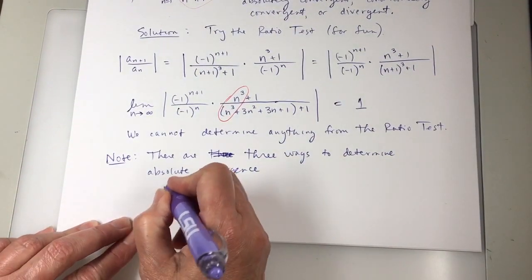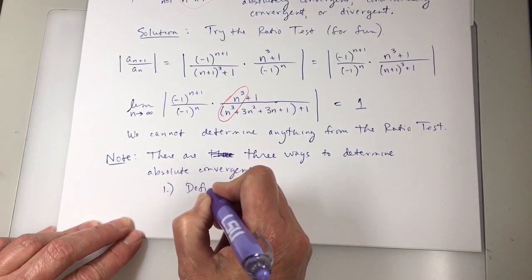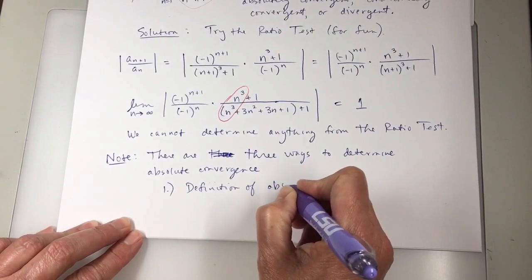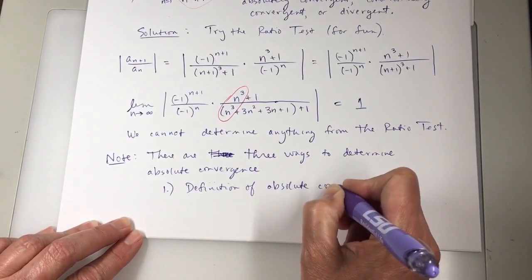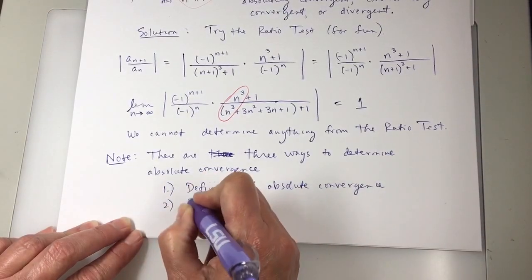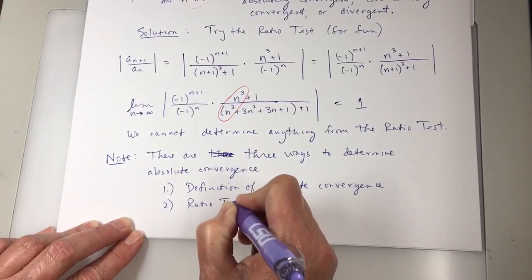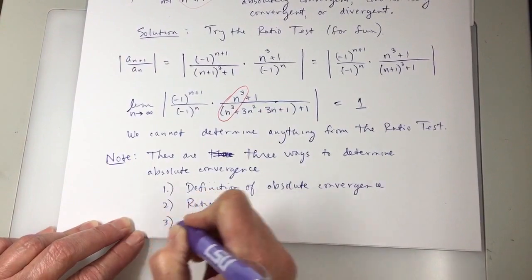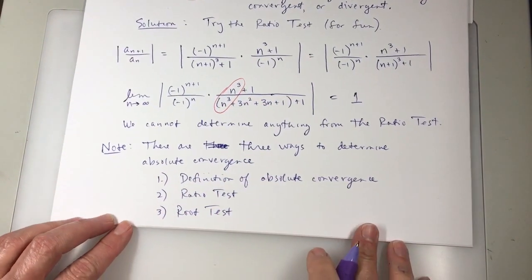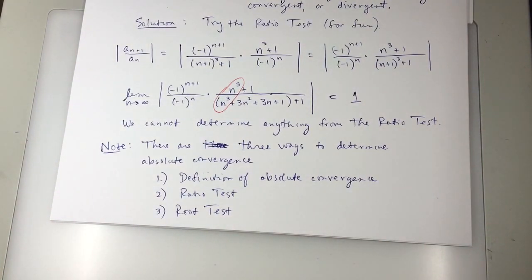We could try the definition of absolute convergence. We could try the ratio test, which we just tried. We could try the root test. If the ratio test or the root test doesn't work, you get the limit is 1.